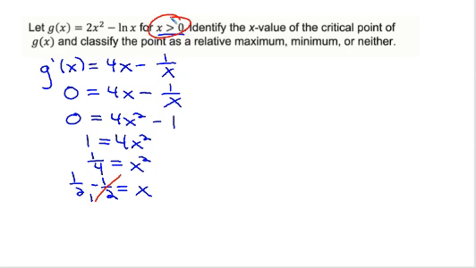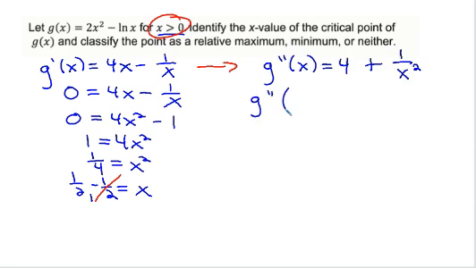And now I need to find a second derivative. So the second derivative will be 4 plus 1 over x squared, just using the power rule. So now I plug my critical point into the second derivative.